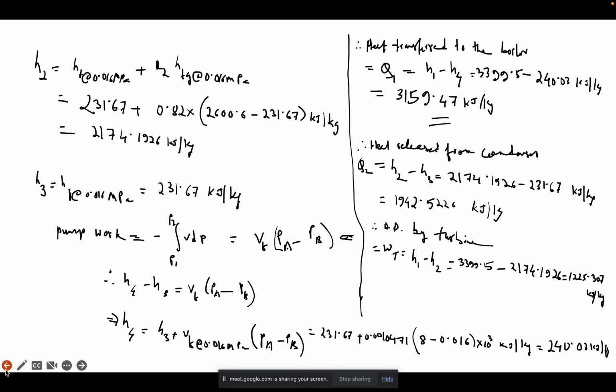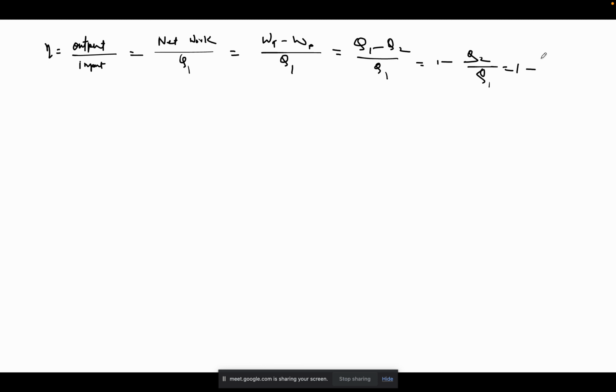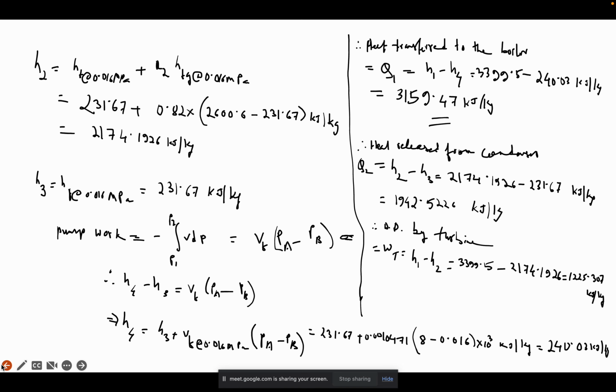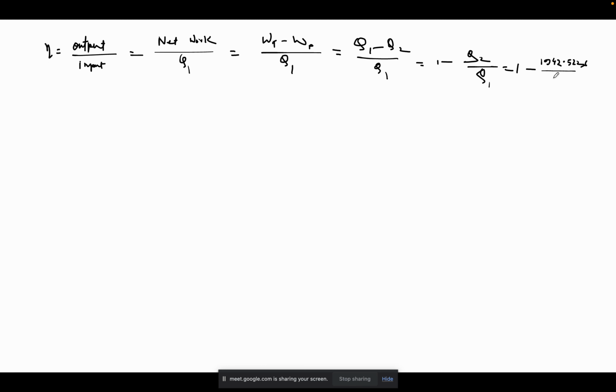Q2 is 1942.5226, and your Q1 is 3159.47.